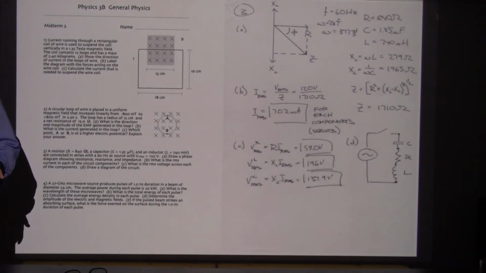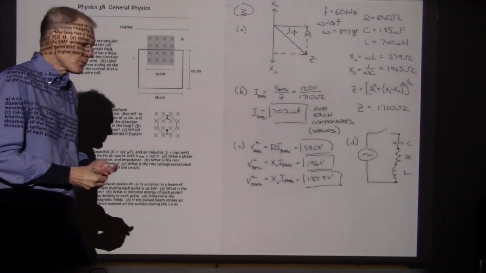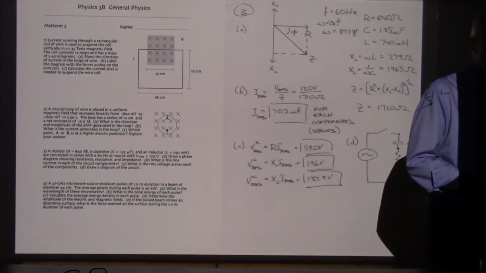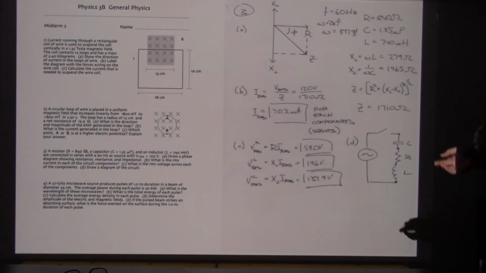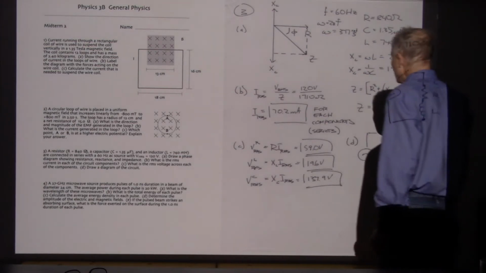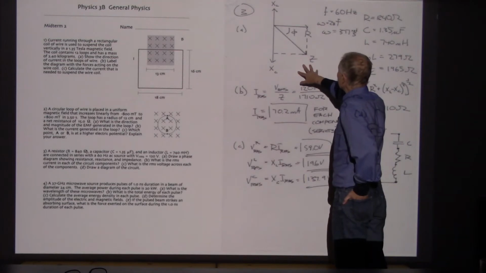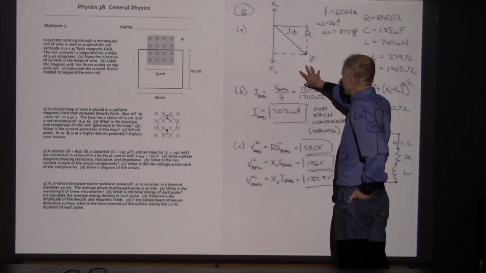I can't just add the numbers together. It's more complicated than that, because what we've shown is that the voltages across the resistor, inductor, and capacitor are out of phase with each other. But using these phase diagrams or impedance diagrams allows us to keep track of everything.